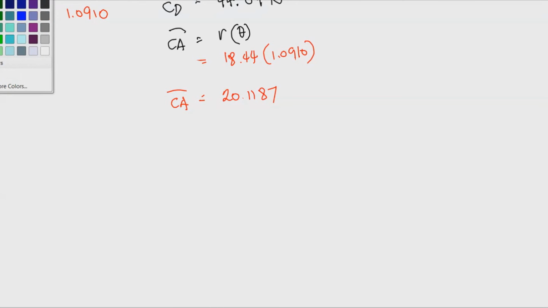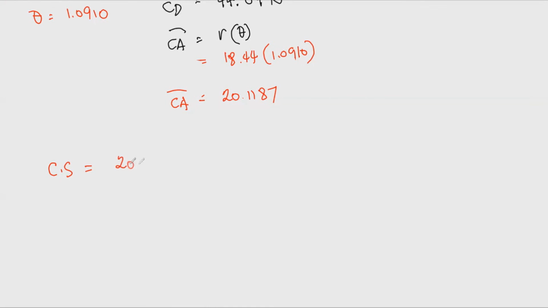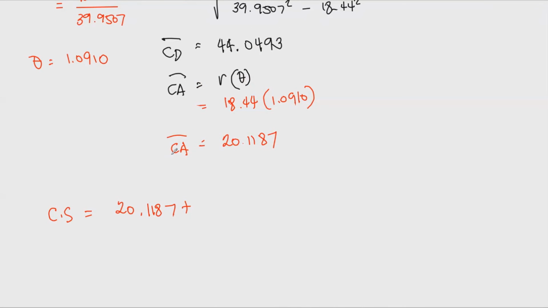So the cross string is equal to 20.1187 plus 44.0493. So the value of our cross string would be equal to 64.168.